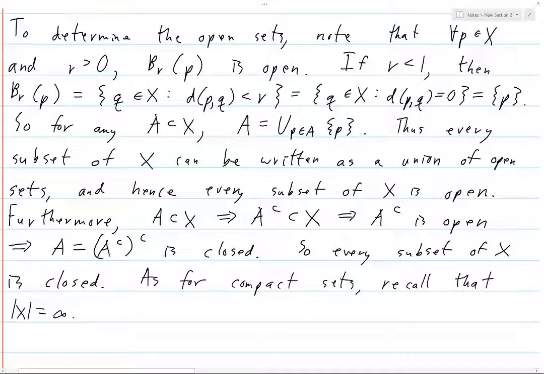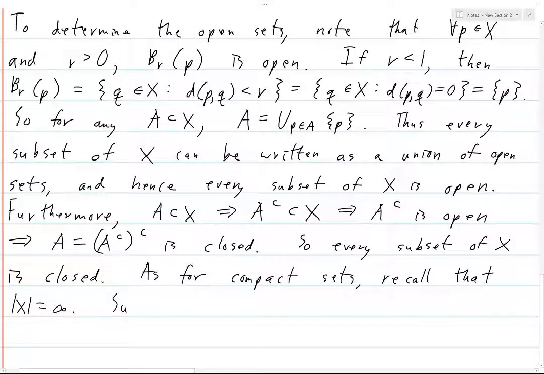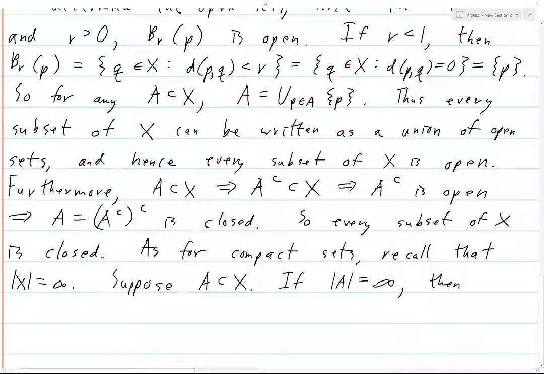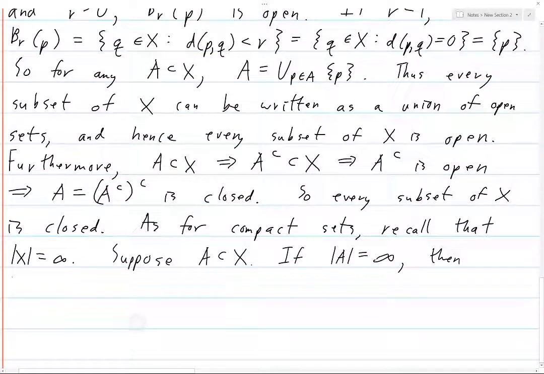Alright, so we have an infinite set X. So suppose A is a subset of X. If A has infinitely many terms, then if we look at the collection here, how should I write this?